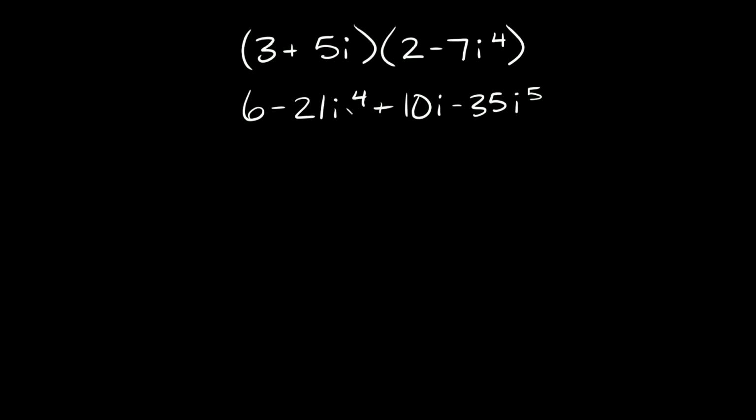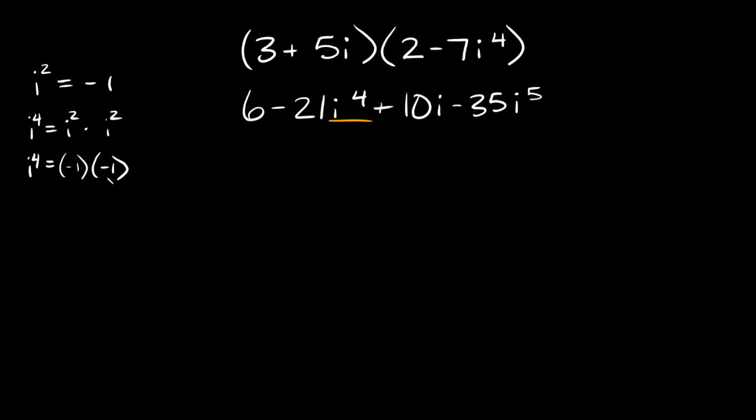All right, now let's simplify some of these imaginary numbers with these larger exponents. So first of all, we have i to the 4th, okay? So if you remember, i squared was equal to negative 1, right? And i to the 4th is the same thing as i squared times i squared, right? So then that means i to the 4th is equal to negative 1 times negative 1, right?